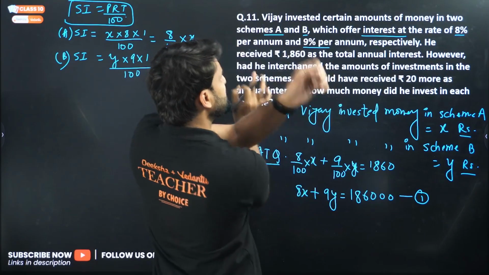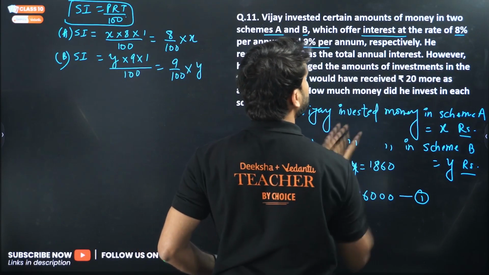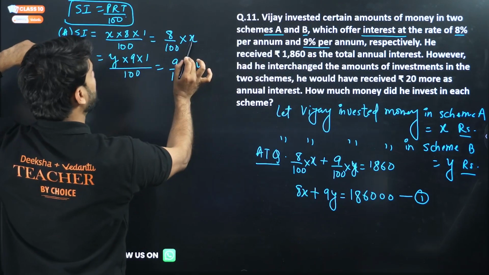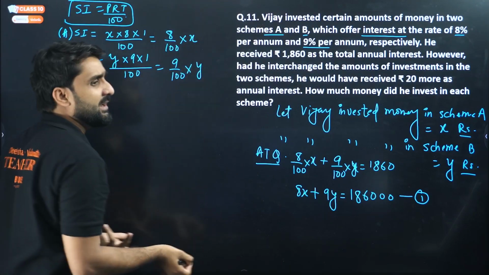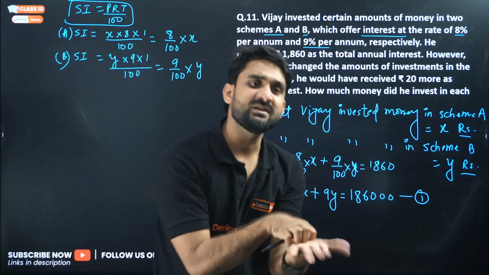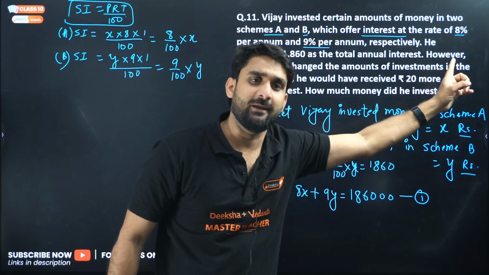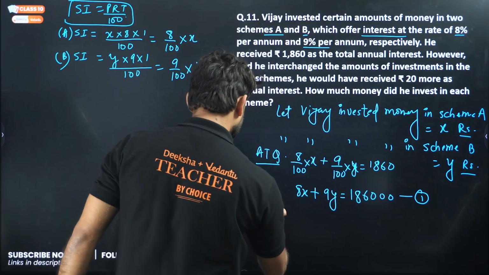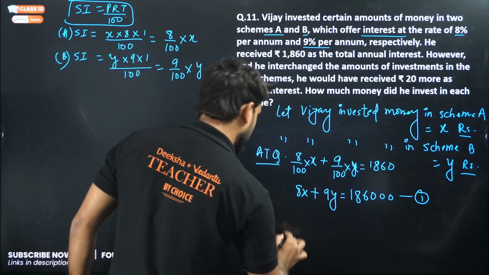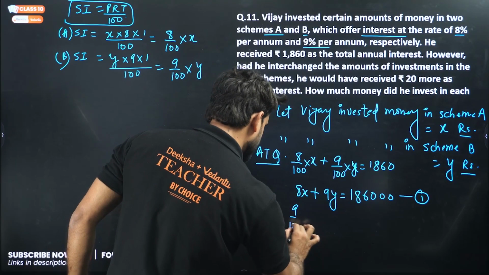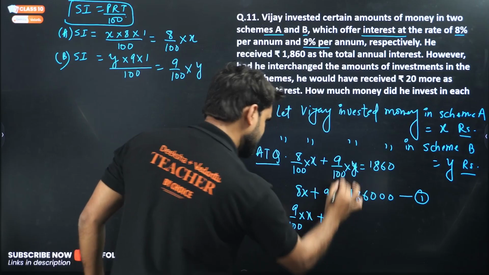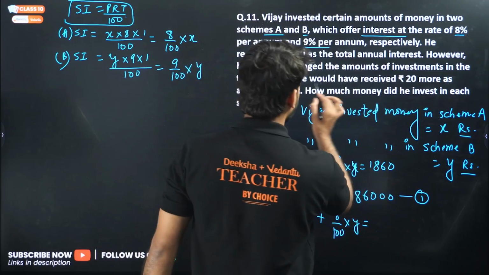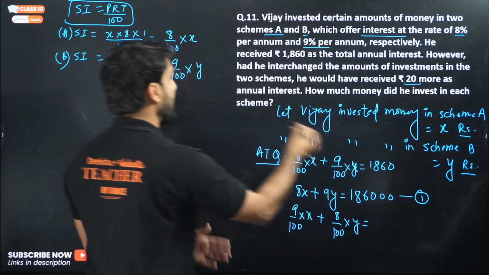Now come to the second situation. However, had he interchanged the amounts of investment in the two schemes, if earlier he was investing X rupees in scheme A and Y rupees in scheme B, now he has interchanged. Now he is investing Y rupees in scheme A, and X rupees in scheme B. So what will be the equation? So now after interchanging, can we write this like this will be 9 by 100 into X plus 8 by 100 into Y, and the amount he would have received 20 more as annual interest.